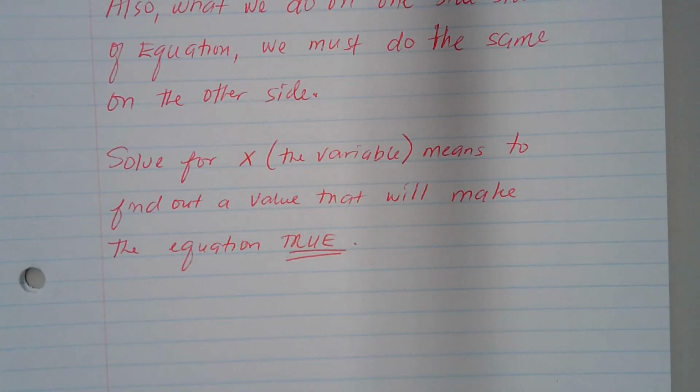Okay, solving for x is finding a value for the variable, so when we figure it out and put the value in replacement for x, the equation holds true. That means the left side is really equal to the right side.